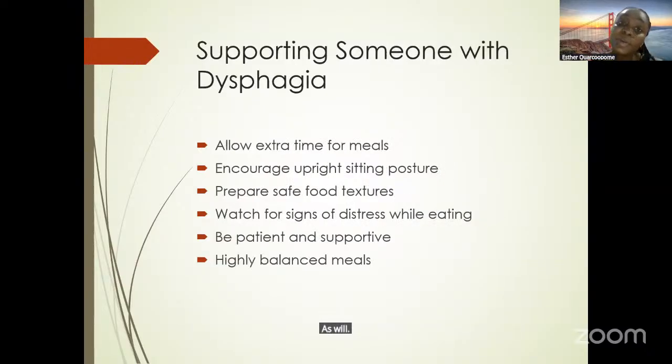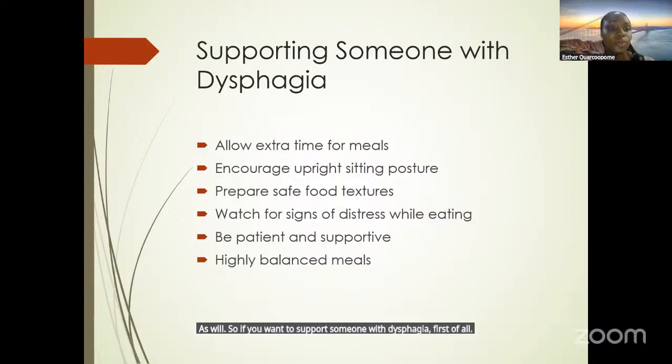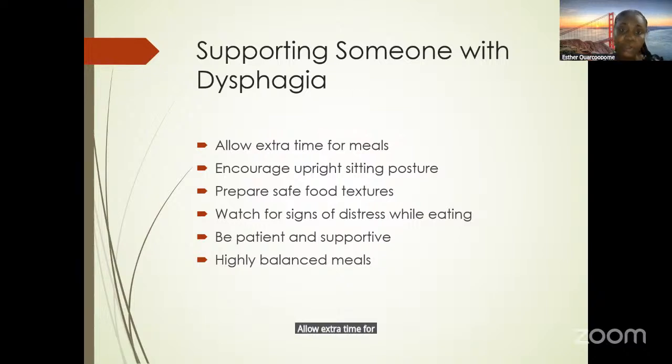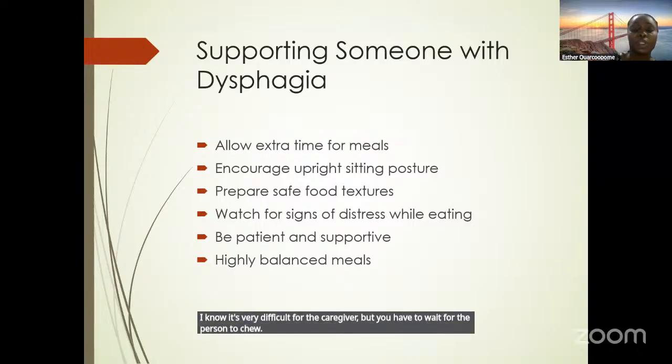So if you want to support someone with dysphagia, first of all, you have to allow extra time for meals. When you feed the person, you wait. I know it's very difficult for the caregiver, but you have to wait for the person to chew, swallow, and then you give the person the next spoon.